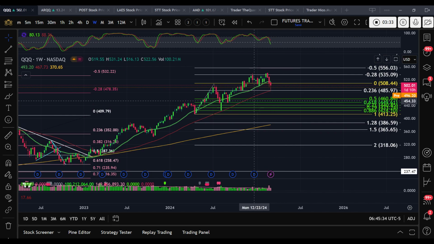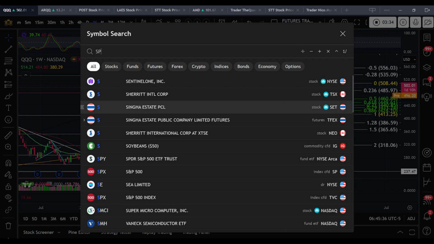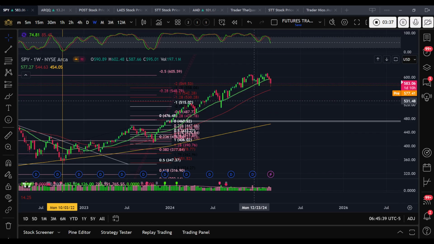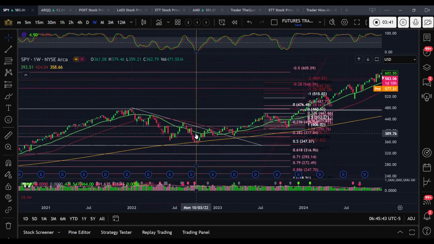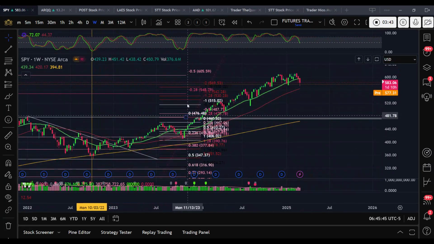So I said, let me take a peek at SPY, see what SPY looks like. As you can see on SPY, we have quite a few old fibs as well, but we've basically done the same thing, which is be rejected and bounce at that second profit target, which is our negative 0.5 fib level.